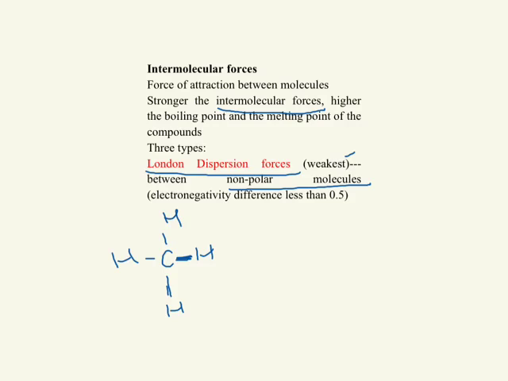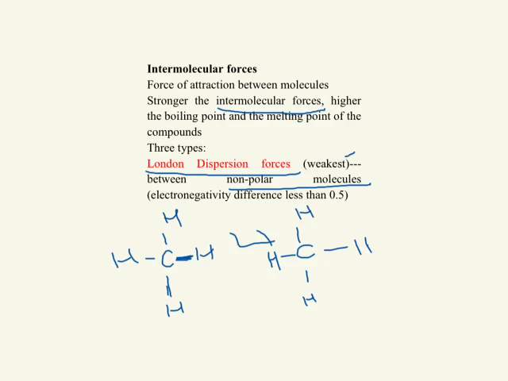Because the carbon-hydrogen electronegativity difference is less than 0.5. So if you have two methane molecules, what kind of intermolecular force is present between these two molecules? That is London dispersion. So these two molecules are interacting with each other with the London dispersion force.